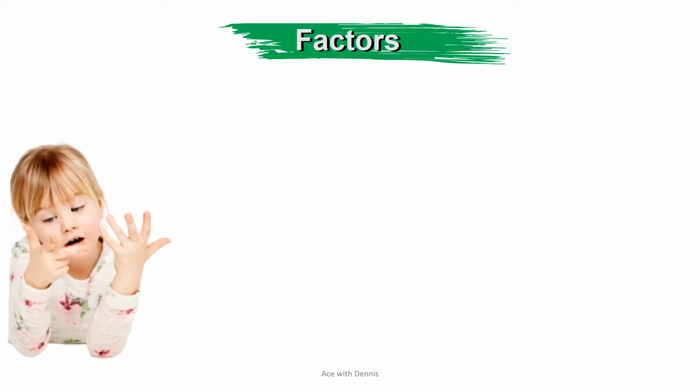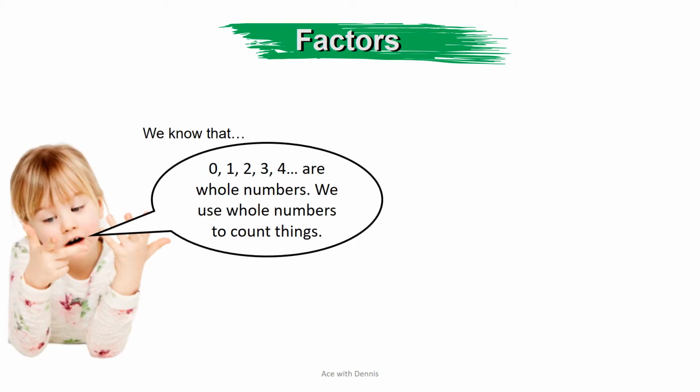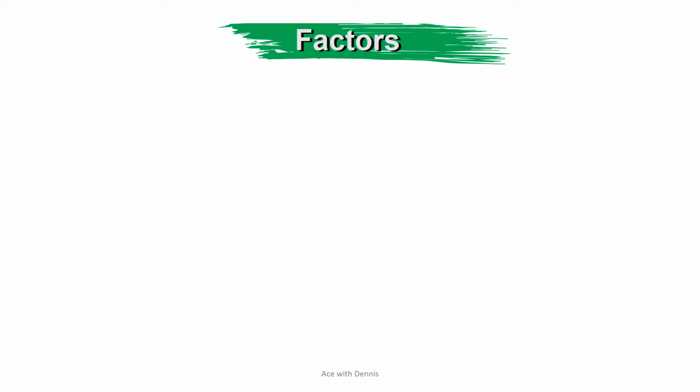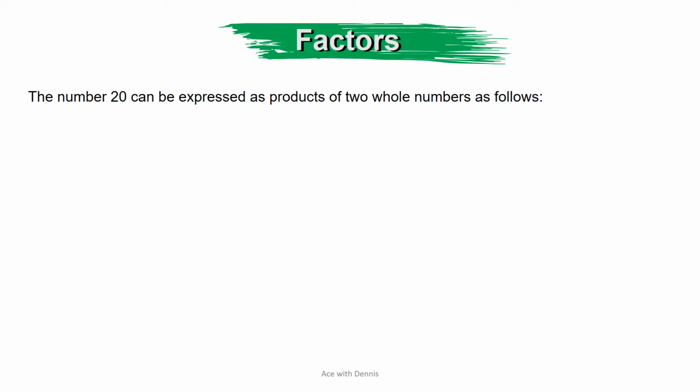Factors. We know that 0, 1, 2, 3, and so on are whole numbers. We use whole numbers to count things. A whole number greater than 1 can be expressed as a product of two whole numbers. Let's look at this example.